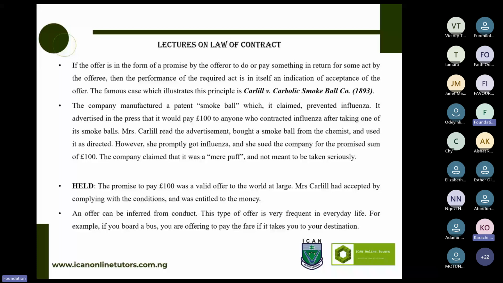So what happened here is that when an offer is made to the whole world, be checking for some things. Be checking for what? Promises. That's the first thing you check for, because there'll be a case study on it. The second thing you check for is, did someone follow the instruction?